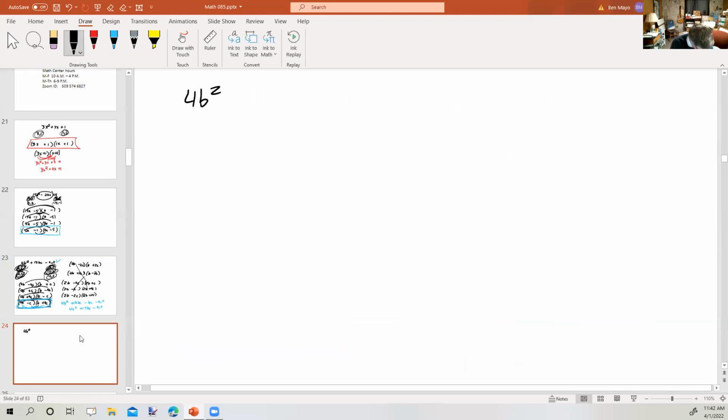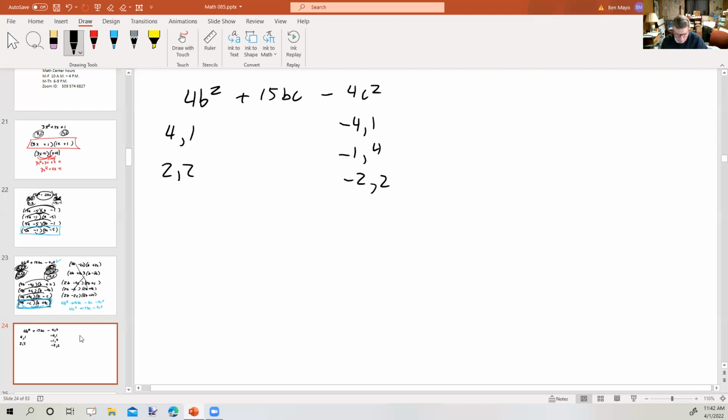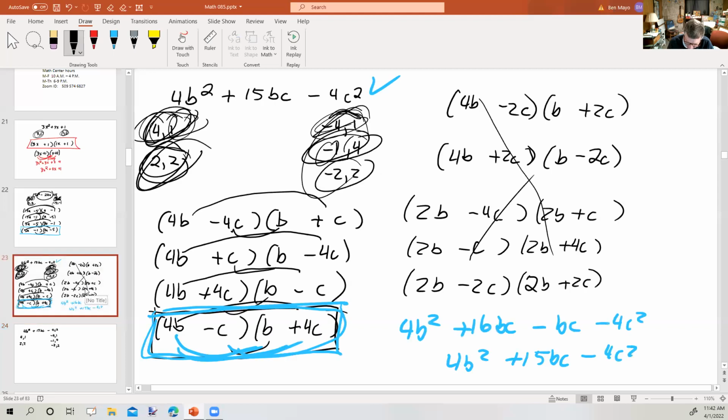Let's see here, 4b squared plus 15bc minus 4c squared. And this was 4 and 1, 2 and 2, negative 4 and 1, negative 1 and 4, negative 2 and 2. So the mechanics of the problem, let's go back here.